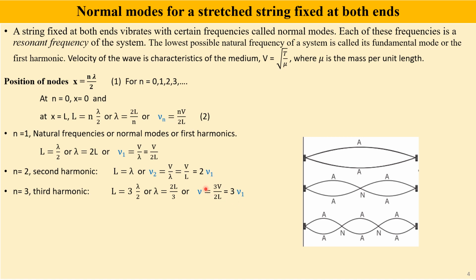So the first harmonic nu 1 is equal to v by 2L, the second harmonic nu 2 is 2 into nu 1, and the third harmonic is 3 into nu 1.